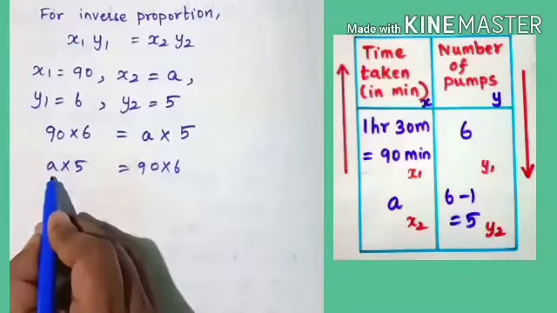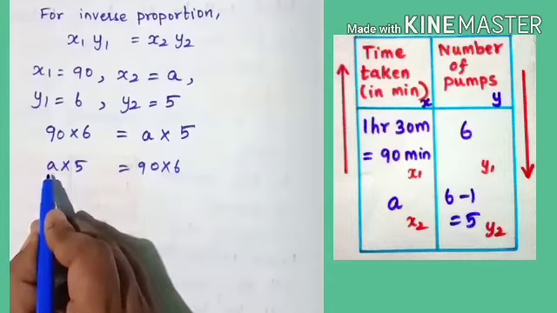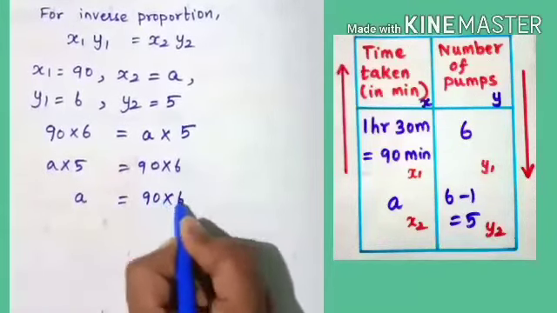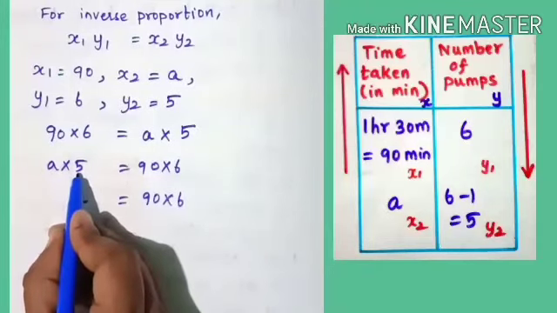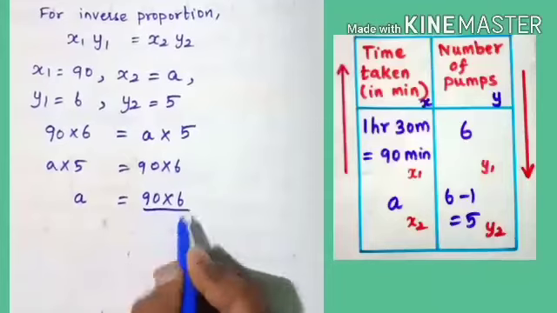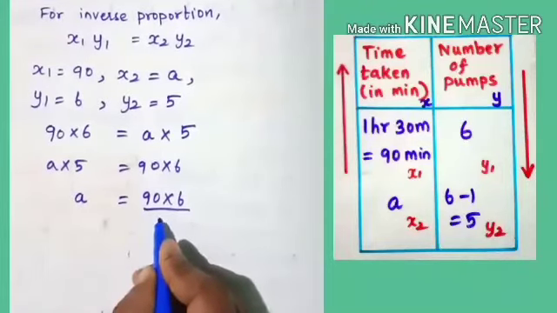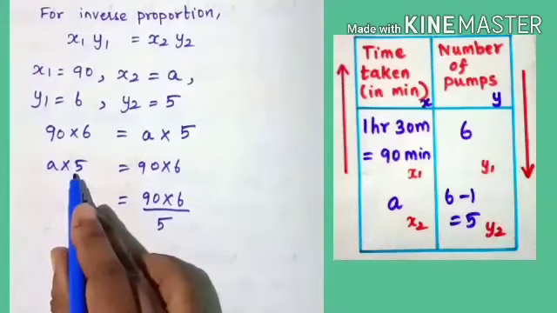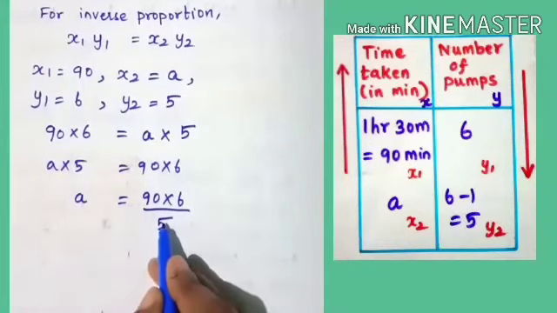Now we have to find the value of A. So A is equal to 90 into 6. Here this 5, when it crosses the equal to sign, it comes to the denominator as 5. That is, multiplication of 5 becomes 1 by 5, division of 5.